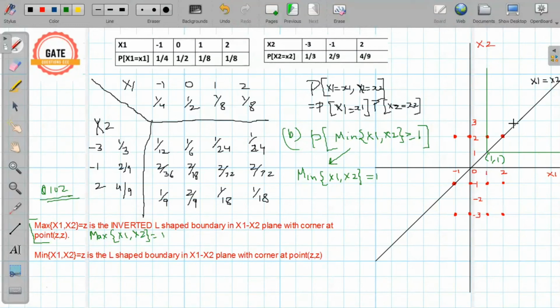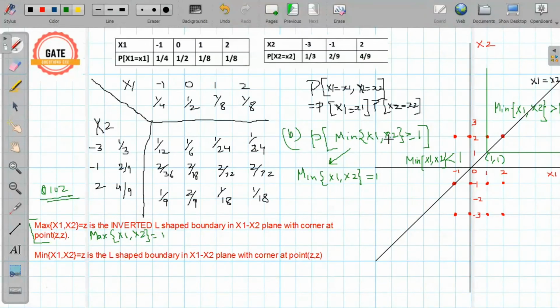On this entire boundary, minimum x1 comma x2 will be equal to 1. The region lying to the right of this boundary, for this region, minimum x1 comma x2 is greater than 1. And the whole region lying to the left of this boundary, minimum x1 comma x2 will be less than 1.